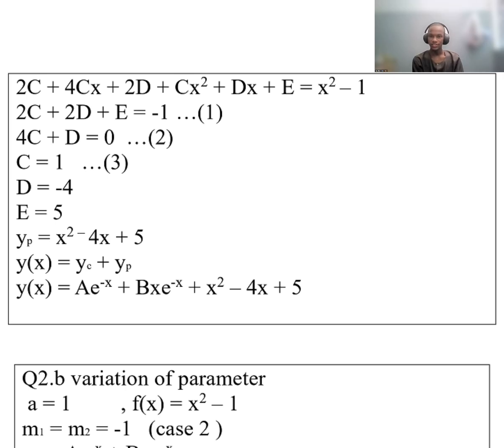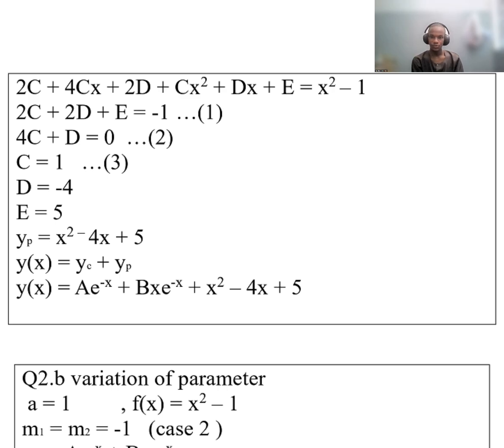Expanding and collecting the terms, we end up with cx squared plus (4c plus d) times x plus (2c plus 2d plus e) equals x squared minus 1. And then we compare coefficients: c equals 1, 4c plus d equals 0, 2c plus 2d plus e equals negative 1.